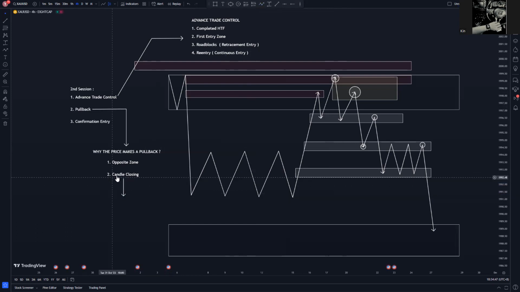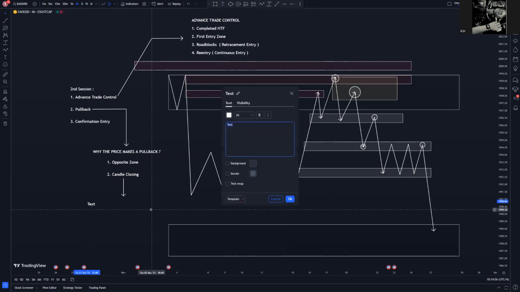All right, so candle closing. Talking about candle closing, we actually have two rules.